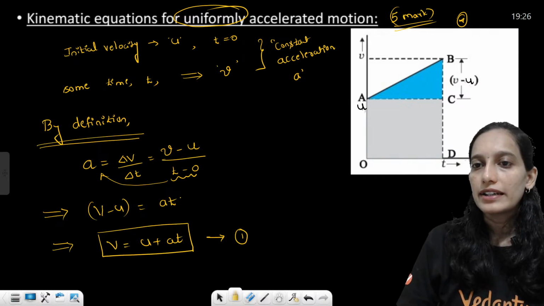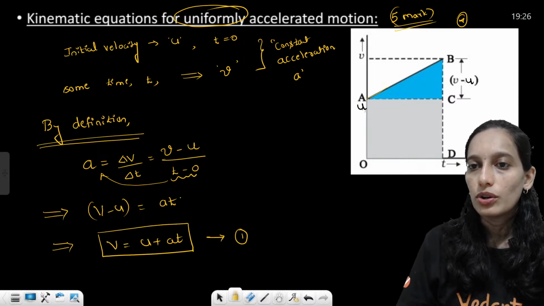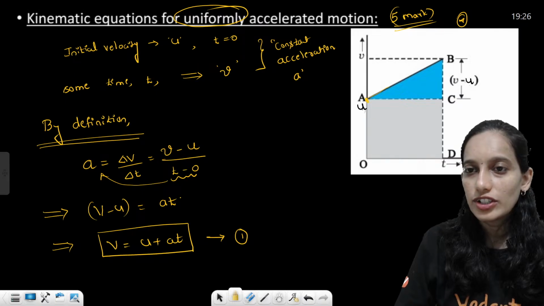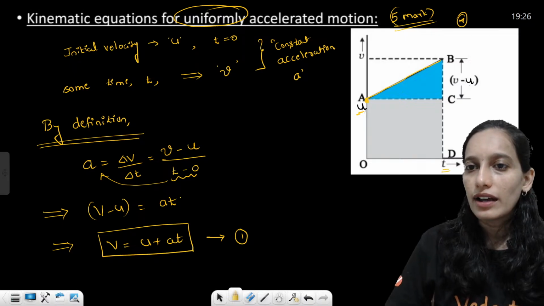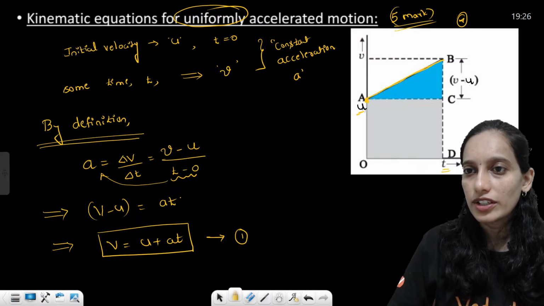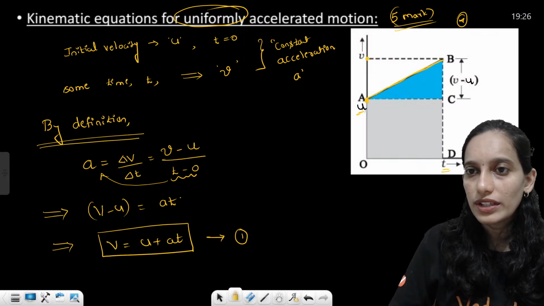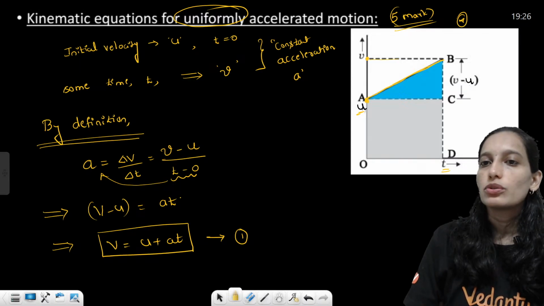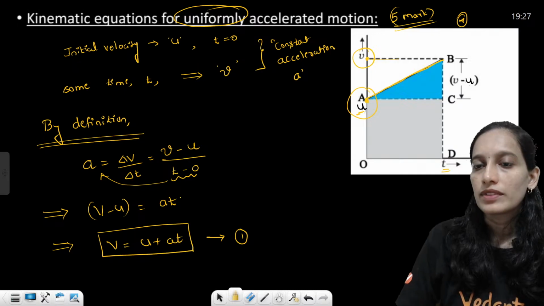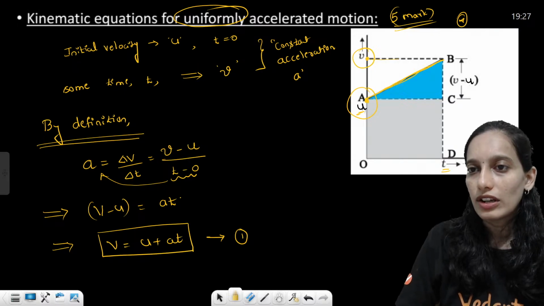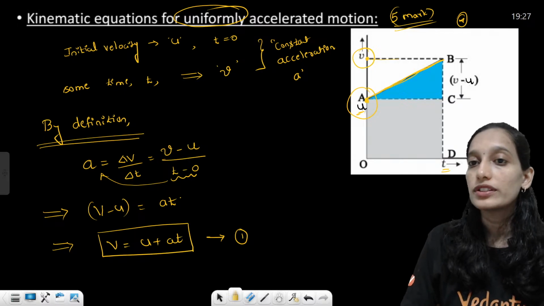Initially its velocity is u, which is marked here. It has undergone a displacement till some time t, and over the time interval the velocity has changed from u to v.